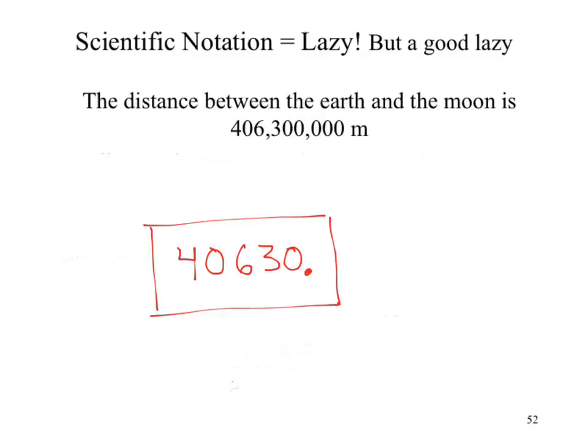Okay, 40,630. But wasn't it supposed to be 406 million? Did we lose some meaning? A little bit of meaning lost in that by putting the decimal point there. Taxes. Okay, so what do we do to make sure we got 5 sig figs?